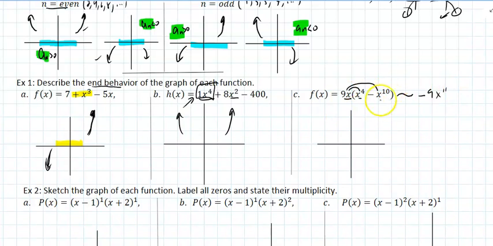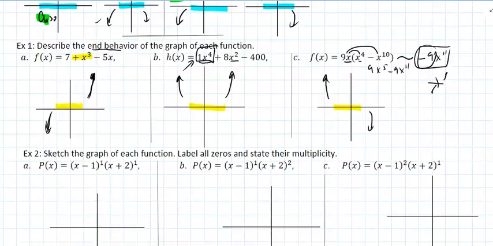If I multiply this out, this is 9x to the 5th minus 9x to the 11. So the leading term is negative x to the, well, x to the 11 looks like a cubic, but the fact that this is negative, it's going to flip-flop. And the end behavior looks like that. Again, what's happening in between, that is for the next sections to come.